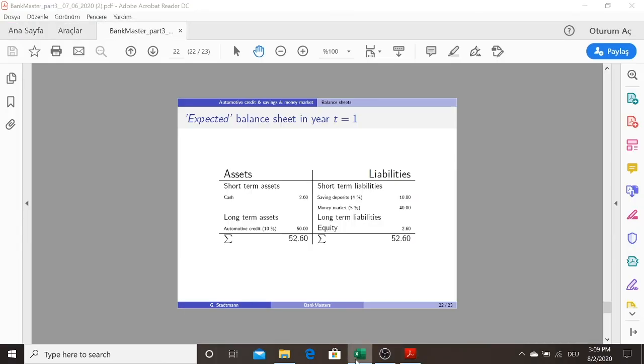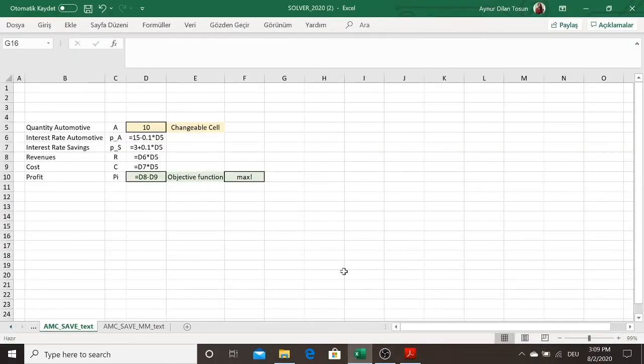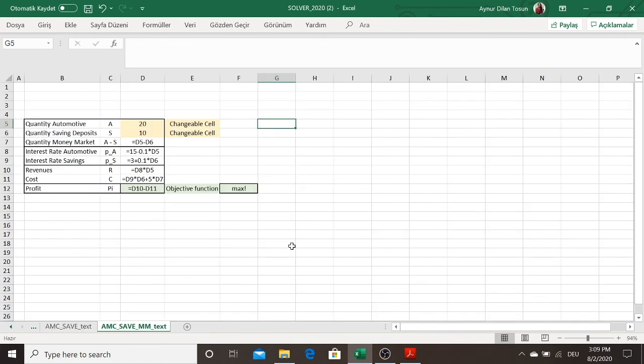Now the thing that I want to show is the logic of this Excel Solver. As we have said, the quantity of automotive and saving deposits could actually change. These are changeable cells. So PA was given like this one. We could say that 15 minus 0.1 times 5, then we have 13.